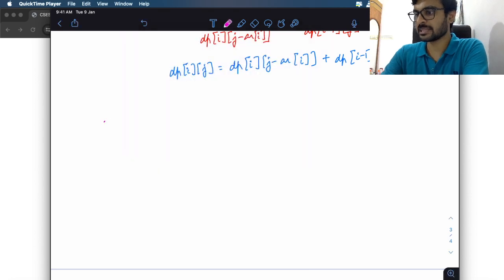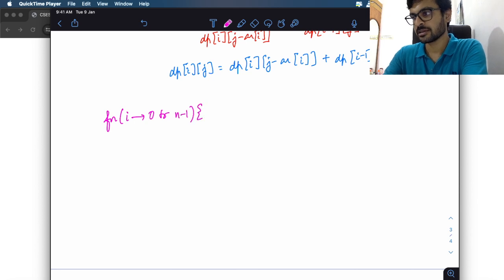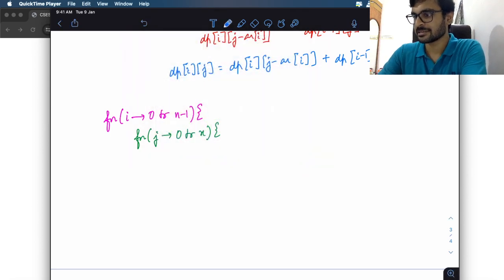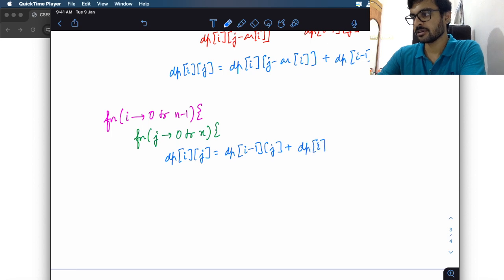Our code will basically look like this. For i goes from 0 to n minus 1, and for j goes from 0 to x, and we are basically saying something like this: dp[i][j] is equal to dp[i minus 1][j] plus dp[i][j minus arr[i]].